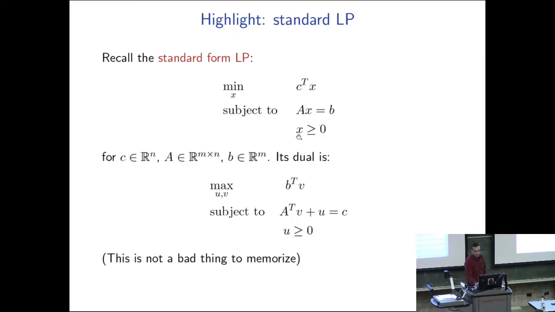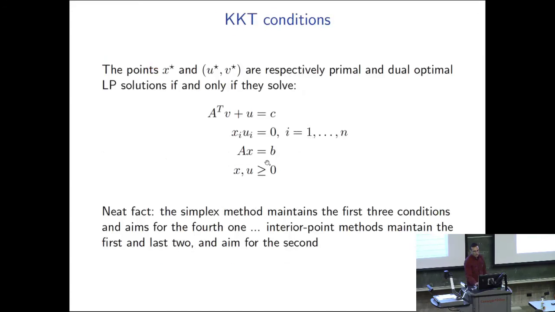That just comes from this condition. Primal feasibility is Ax equals b and x bigger than or equal to 0. And dual feasibility is just u bigger than or equal to 0. So these are the KKT conditions for a standard form LP. If I solve these, then I have primal and dual solutions to these problems.